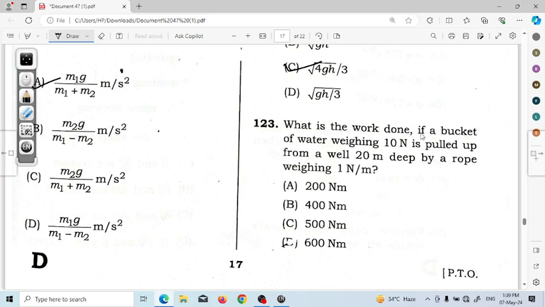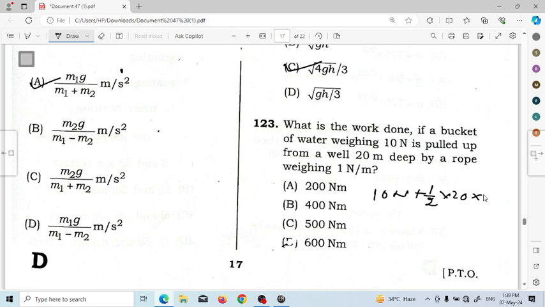Next, what is the work done if a bucket of water weighing 10 Newton is pulled up from a well 20 meter deep by a rope weighing 1 Newton per meter? So this is the 10 Newton, the well is 20 meter deep, and the rope is 1 Newton per meter. It is a uniformly varying load, so the total area will be half base into height. The base is 20 meter and the height is 1 meter.